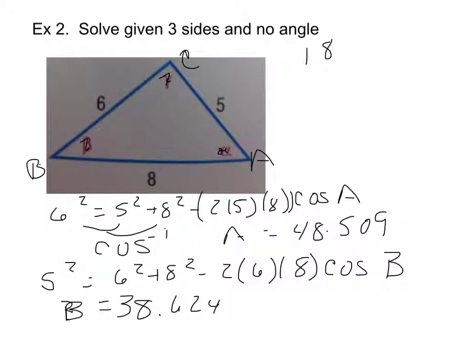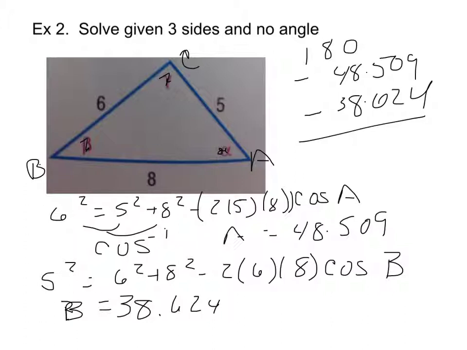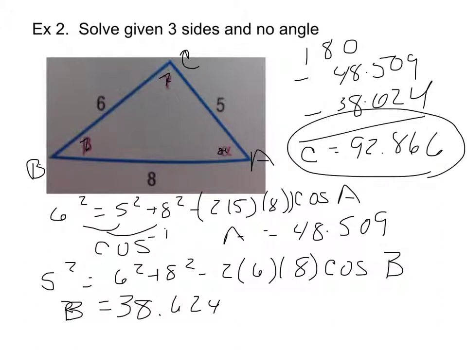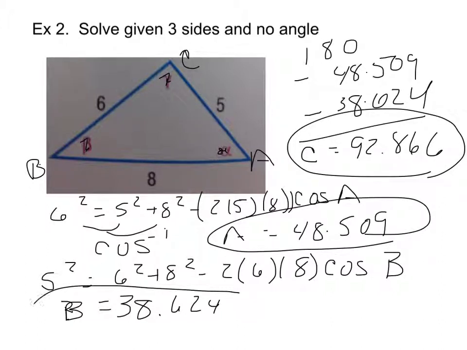Subtracting 180 minus 48.509 and subtracting 38.624, I ended up with angle C equal to 92.866. So here's one angle, and one angle, and one angle, and I have solved the triangle.